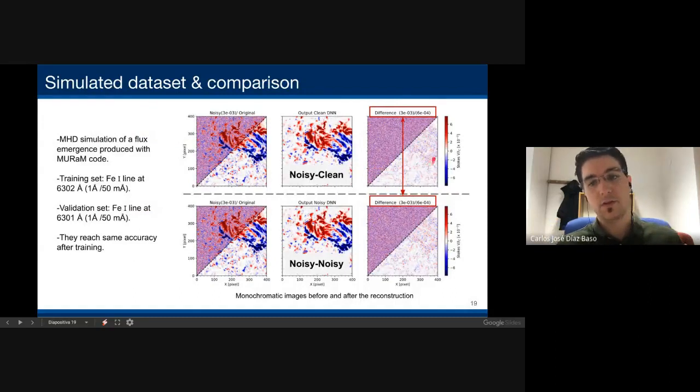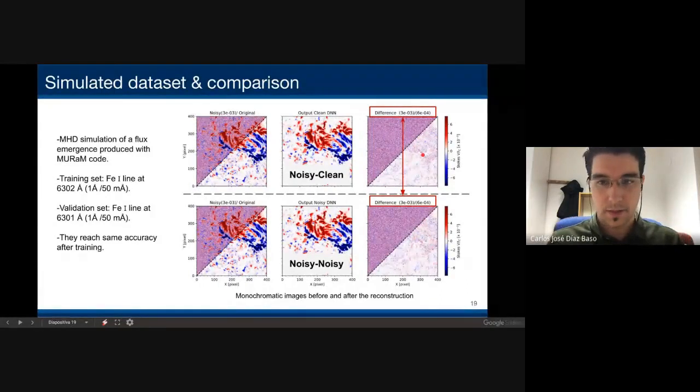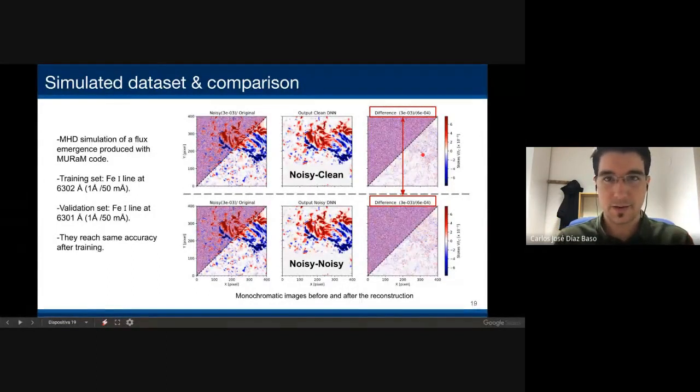What I wanted to check is the difference between the noisy image and the output of the neural network, because the first thing that I wanted to do is to not remove more information than the one that I have.